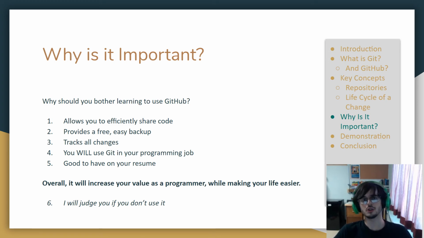Another thing is it tracks all your changes. So if you need to revert to any previous point, if you've made a commit of that point in your process, you can do that. You can go back to any previous commit, and also it gives a record of who made what commits.